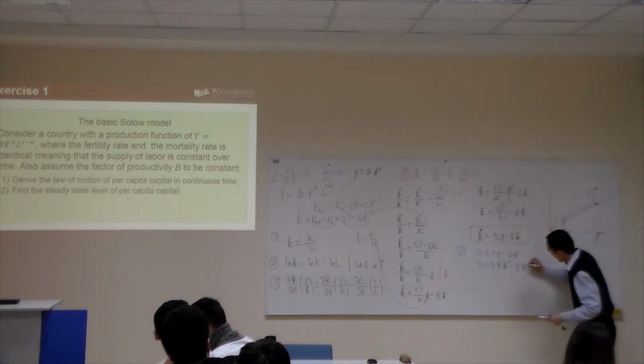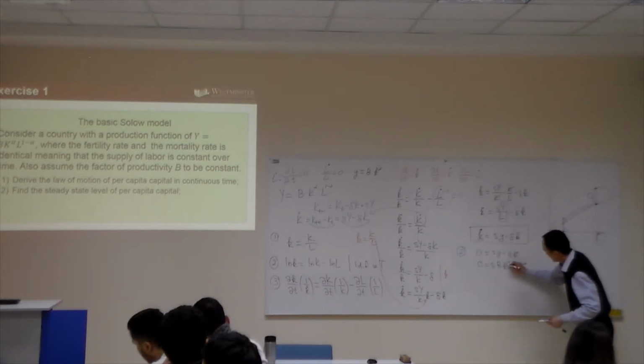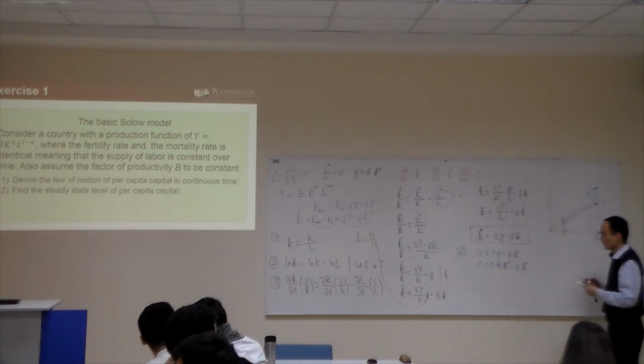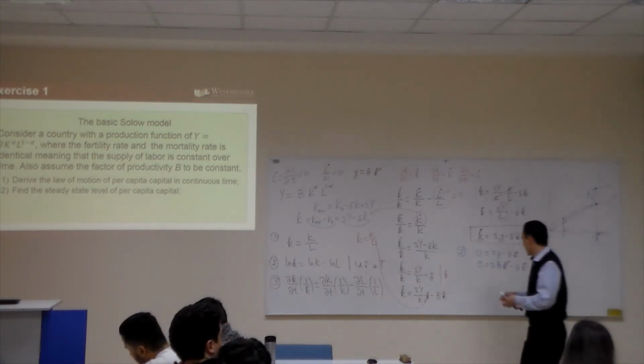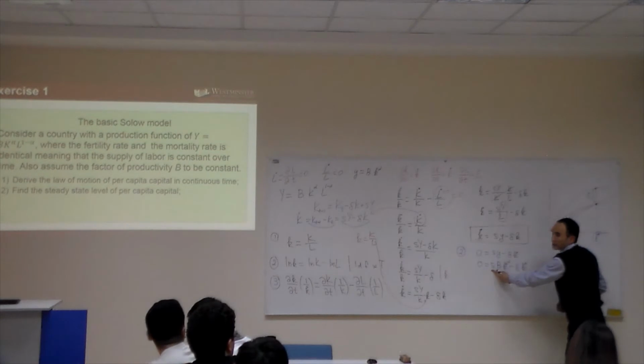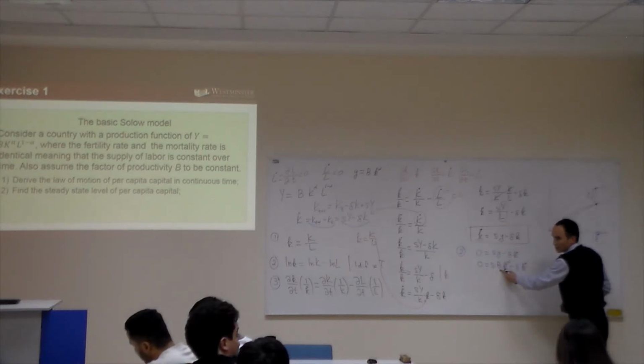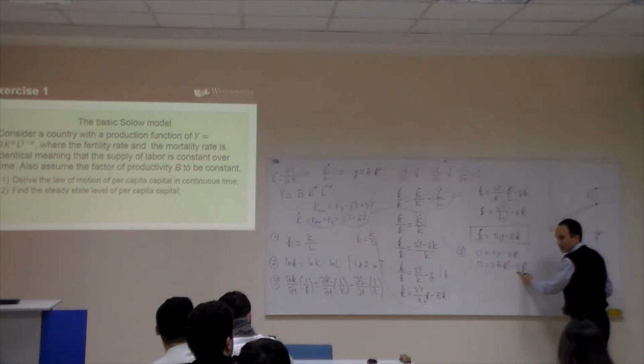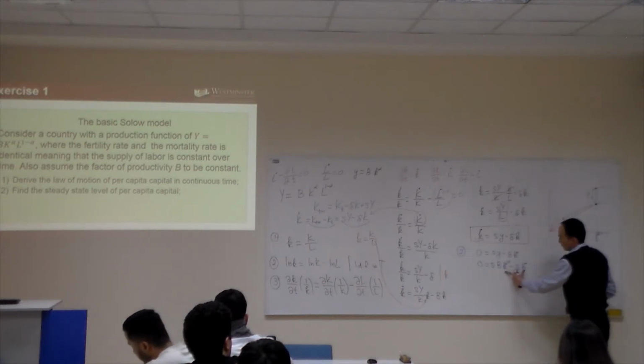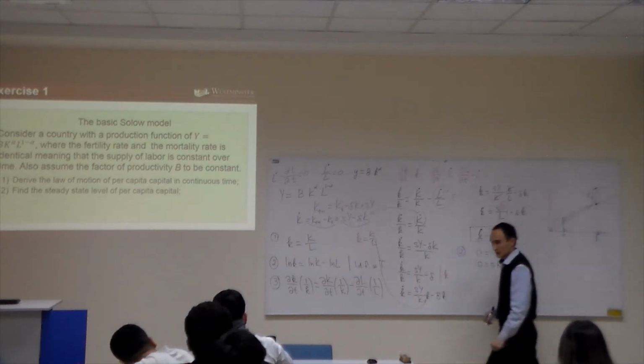So these are in steady state level. Saving rate is exogenous, given. Technology is exogenous, given. Depreciation rate is given. What do we have? Only K star.